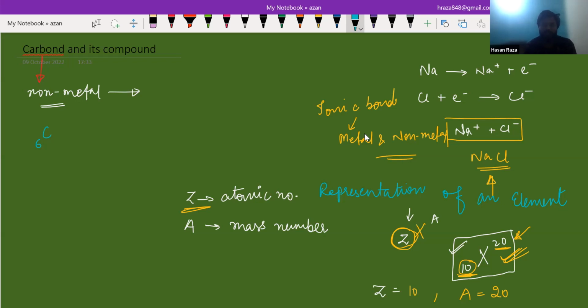Now you have to answer in this first class because it's all about basics. Can you tell me the name of the element? If you know the atomic number of the element, you can easily tell me the name, right? Sir, calcium. What is the atomic number of calcium?